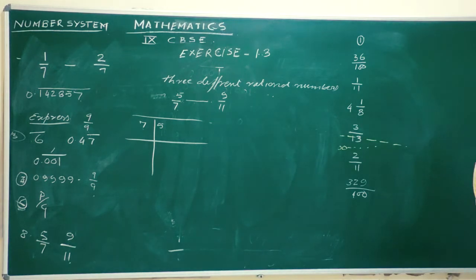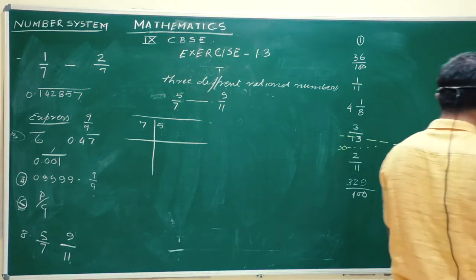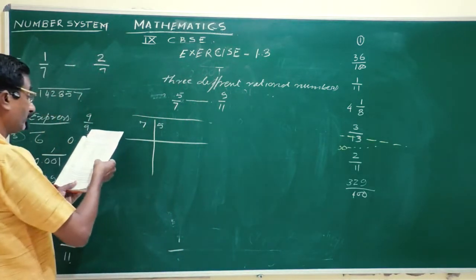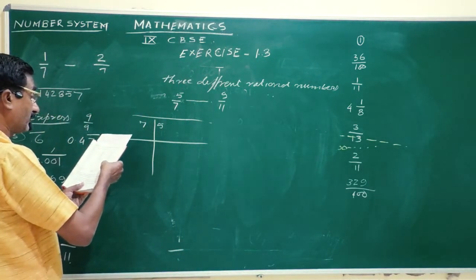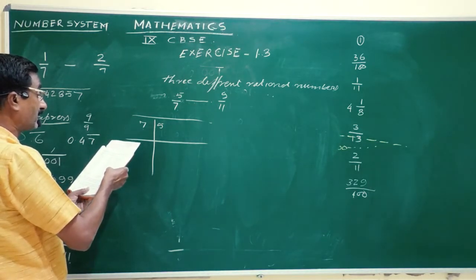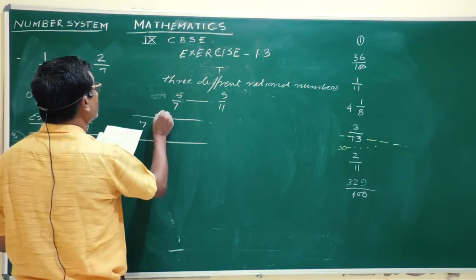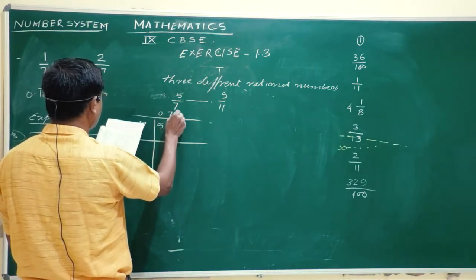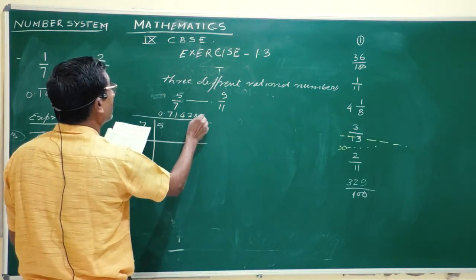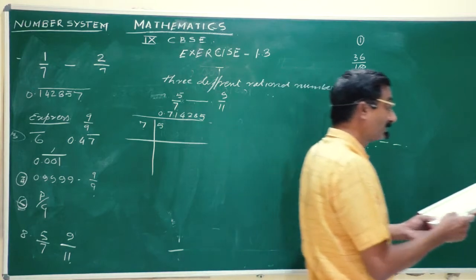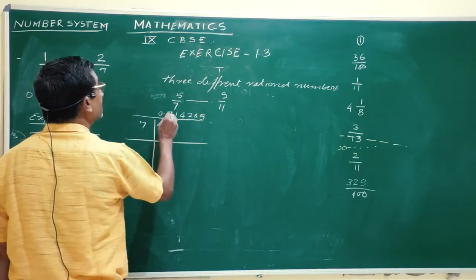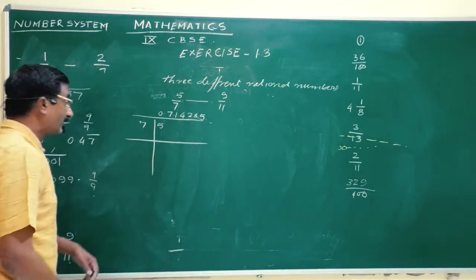This will be 0.714285, repeating. Clear?